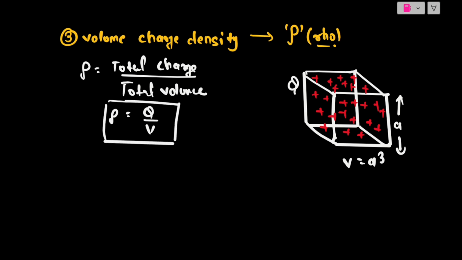This is what volume charge density says. Now we can also write its SI unit. The SI unit would be Coulomb per meter cube, because the SI unit of charge is Coulomb and the SI unit of volume is meter cube. So we can also write it as Coulomb meter to the power -3. The power of Coulomb is 1 and the power of meter is -3.